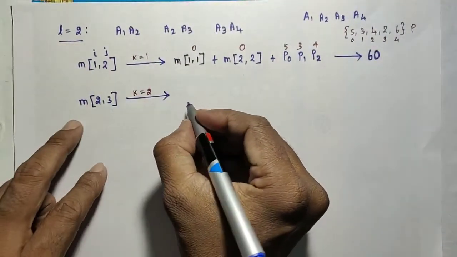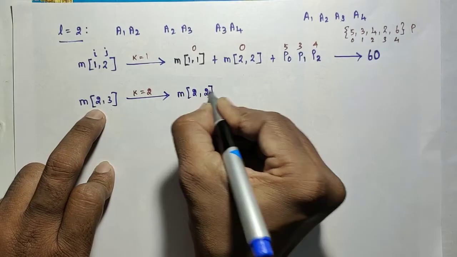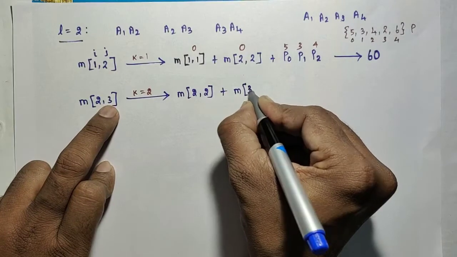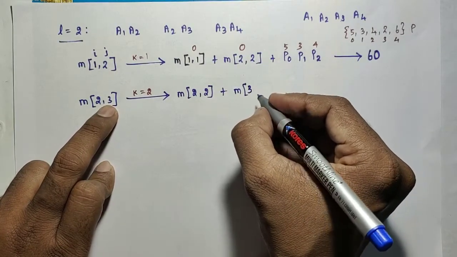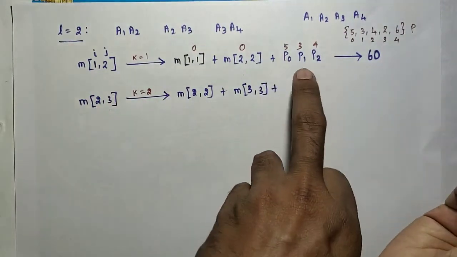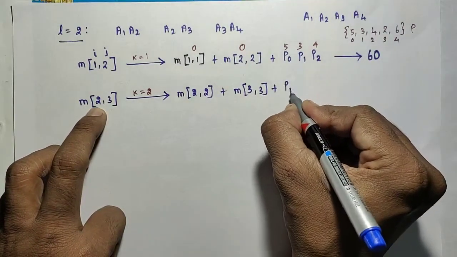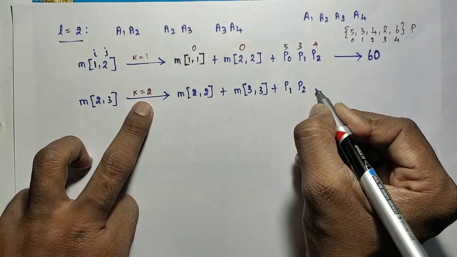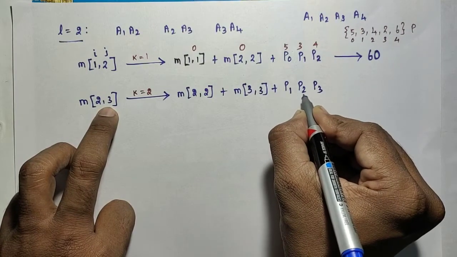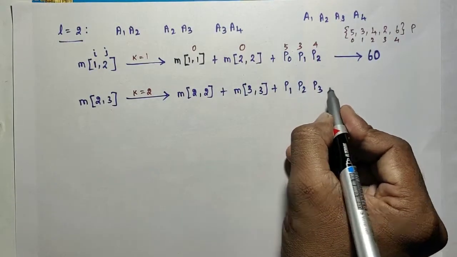So here apply the formula: m of 2 comma 2 plus m of 3 comma 3, plus p of i minus 1, p of k and p of j. Here i is 2, k is 2 and j is 3, so that is p1, p2 and p3.